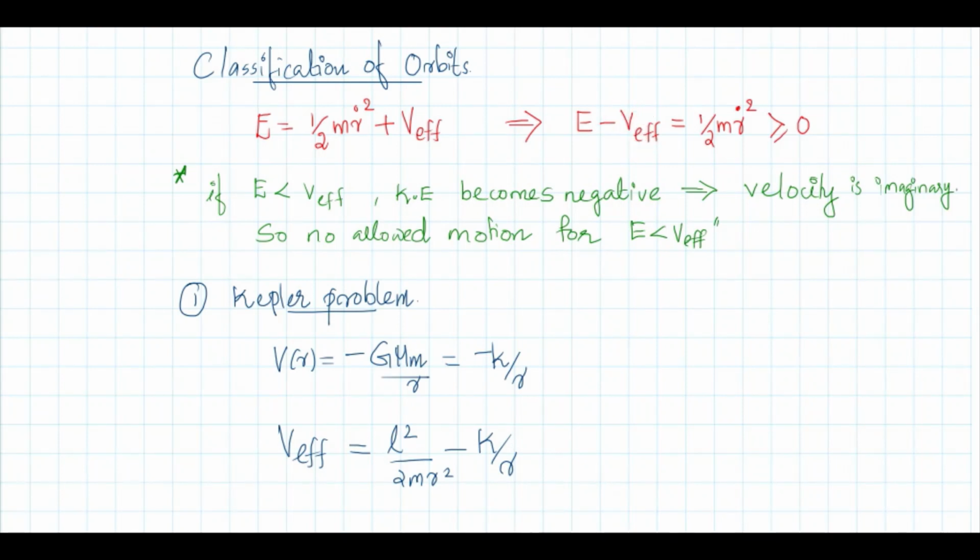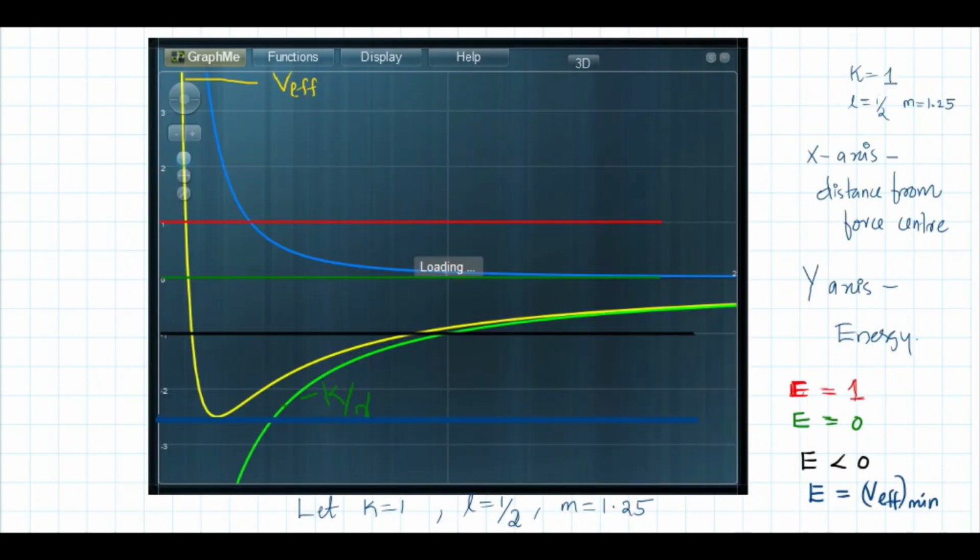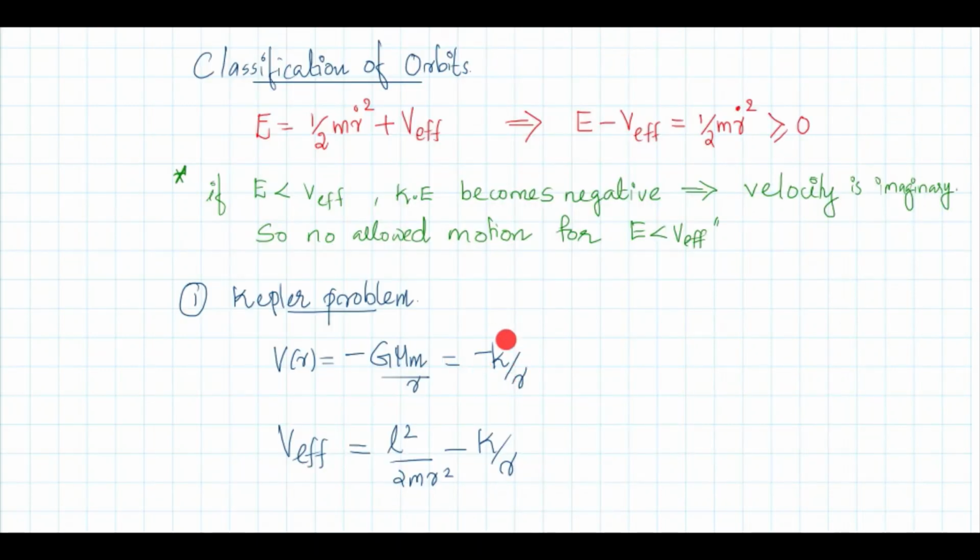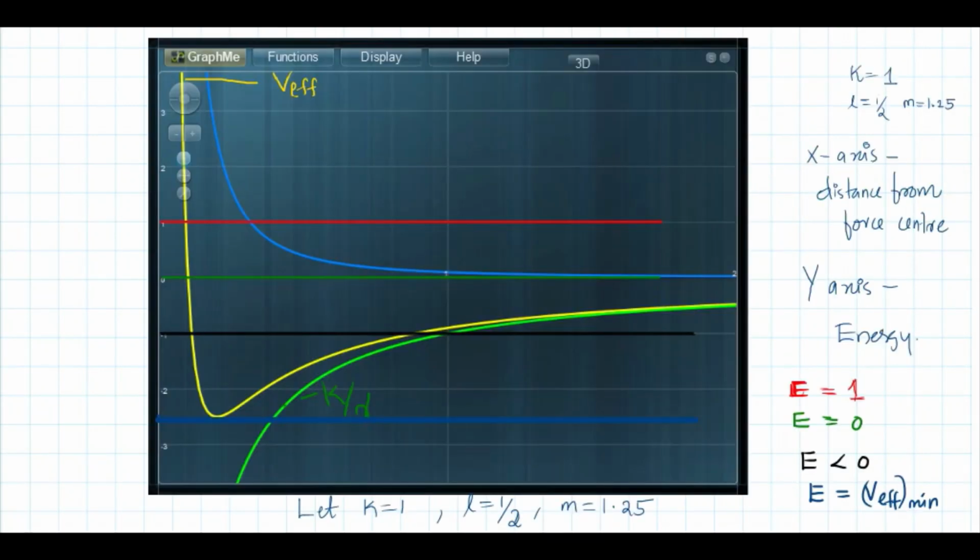E should be greater than V effective in order to make it a positive quantity. So for this distance, E minus V effective is positive, so that is an allowed motion. The particle will come close to the force center because this is an attractive potential. For any particle of mass m, this force center will attract it, so the particle will come closer and closer to the force center.